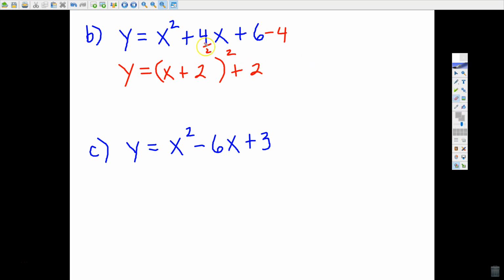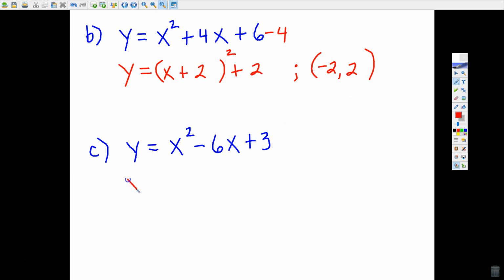So the red represents the vertex form, and then the directions say find the vertex. So the x-coordinate will be -2. The y-coordinate would be +2.